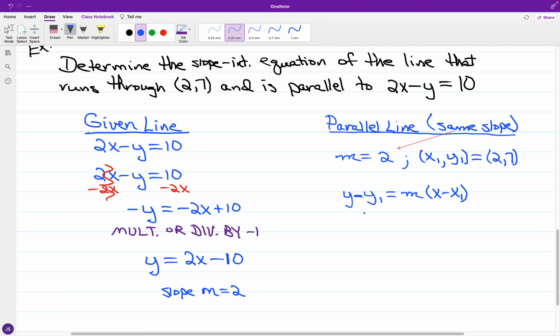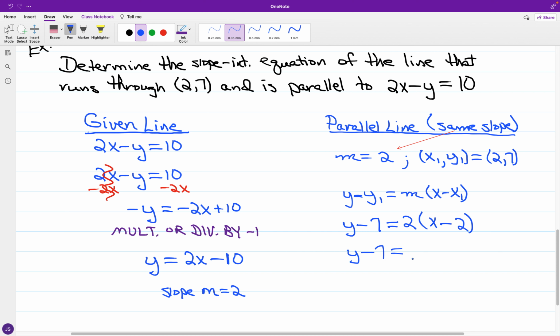So we have y minus y1, where y1 is 7, and the slope is 2. For x minus x1, x1 is 2, so x minus x1 translates to x minus 2. This is the point slope equation, but I'm looking for the slope intercept.